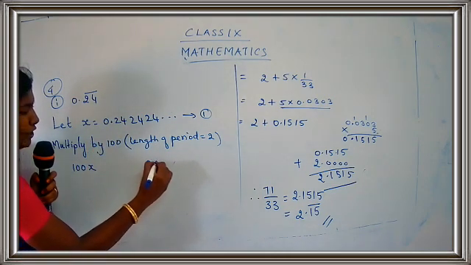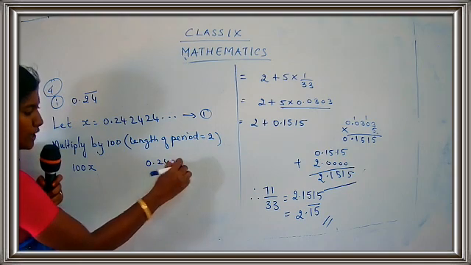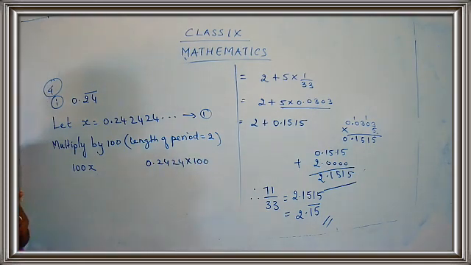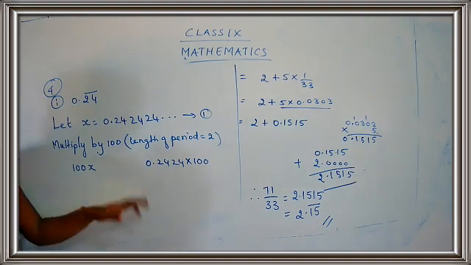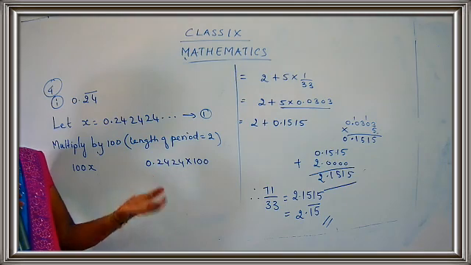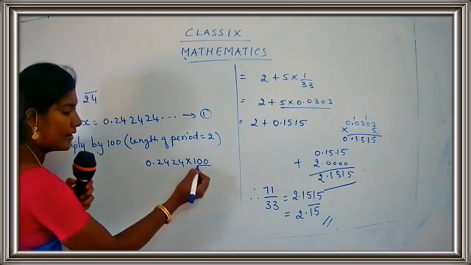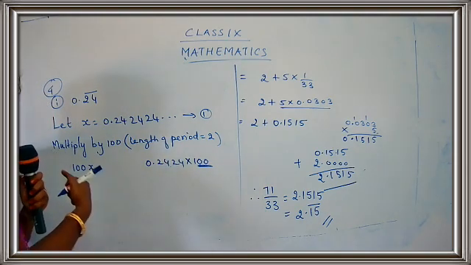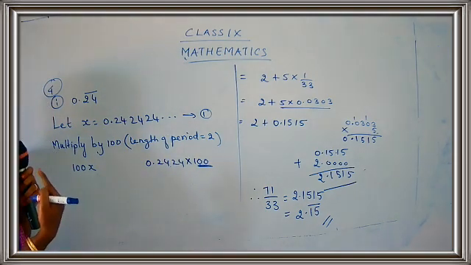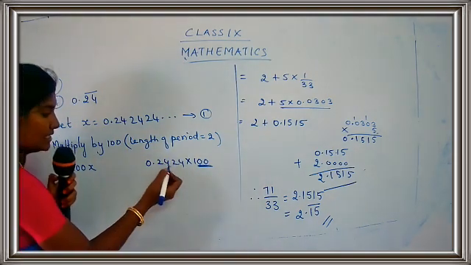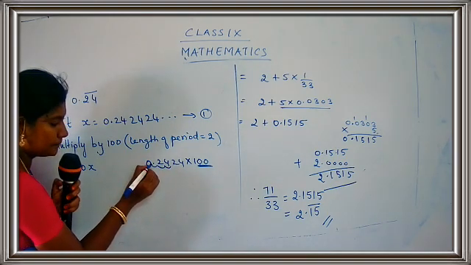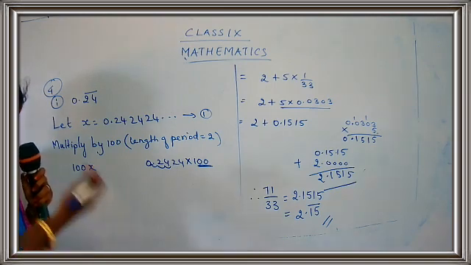This is 0.2424. I am just taking the first number into 100. Now, what is the meaning of into 100? You are not going to do the normal calculations here. We have studied this type of multiplication in our lower classes. Into 100 means we have to shift the number to the left side. So this number 2, 4 goes to this side, before 0.